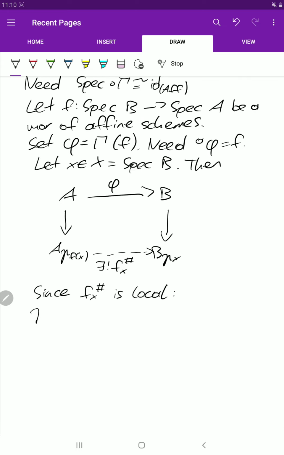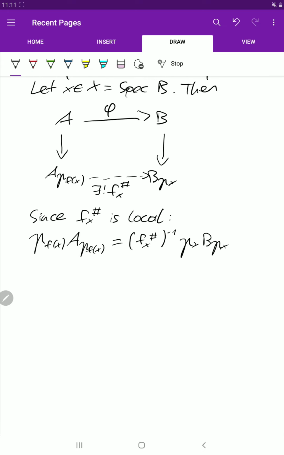And this tells us that the prime ideal of f of x, so the maximal ideal of the local ring here, is just the pre-image of the maximal ideal on the right hand side.